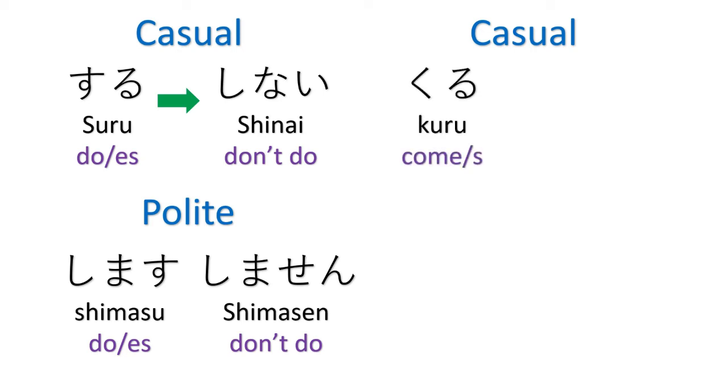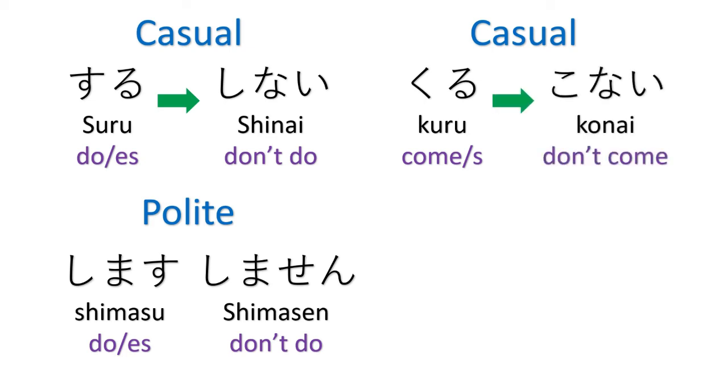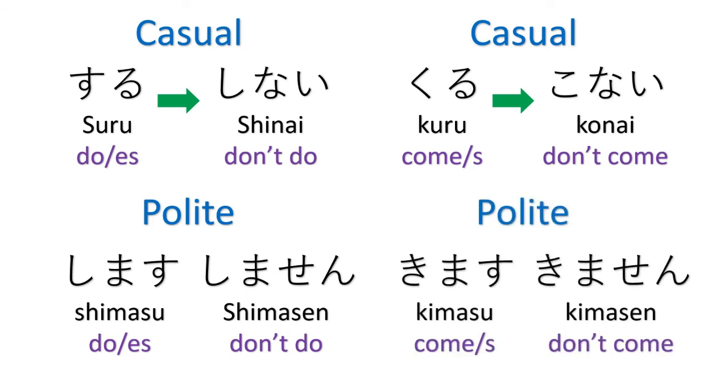Same with kuru, it has a different rule in conjugation. Kuru becomes konai. It does not become kinai or kanai. Their polite forms are kimasu and kimasen. Come, comes, doesn't come, don't come.